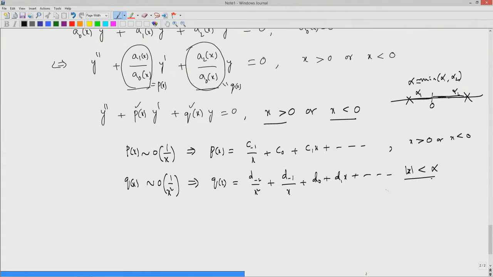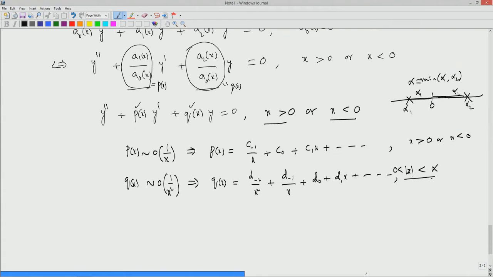If you have singular points at alpha 1 and alpha 2, then the minimum of alpha 1, alpha 2 is where this is defined. If there is no other singularity, you simply write 0 less than mod x less than alpha.